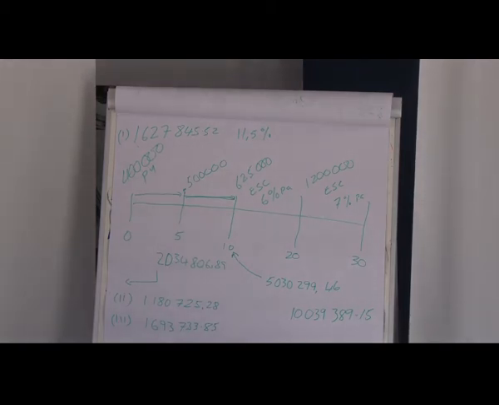We started off with 1,200,000, CFJ plus 7%. $10,039,389.15.